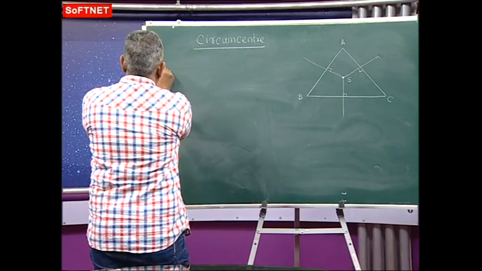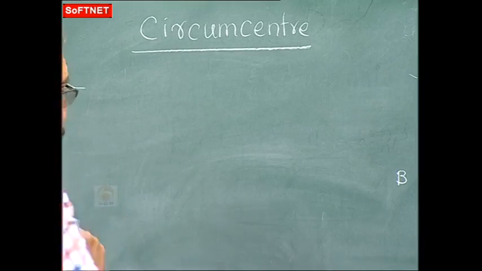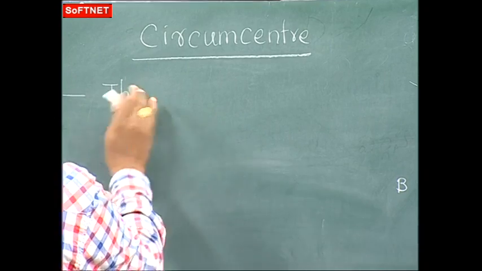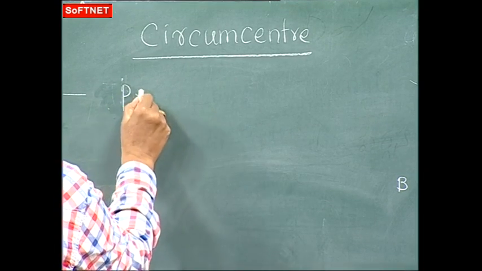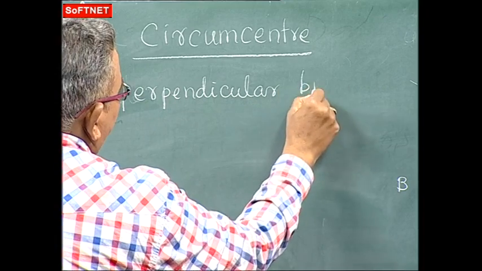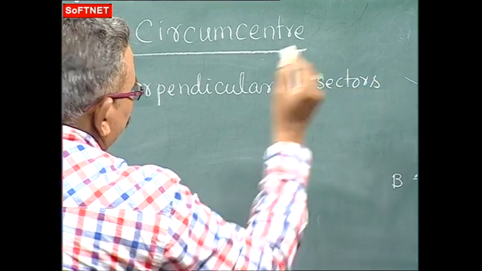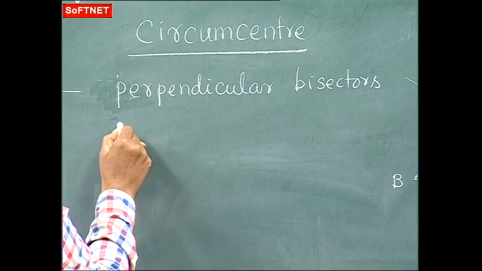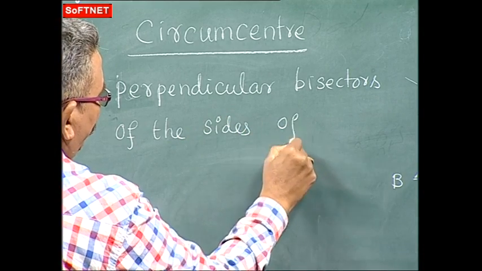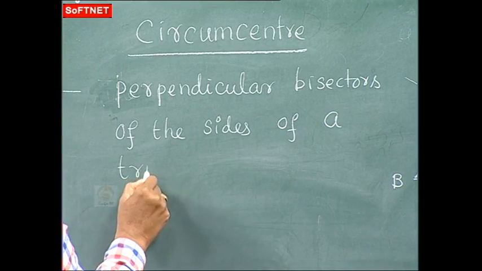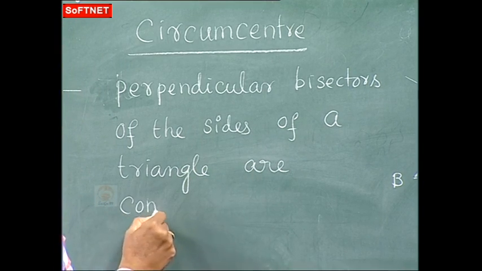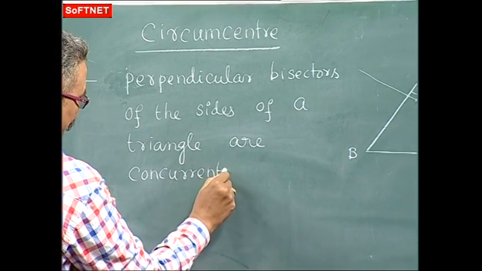Now, the perpendicular bisectors of the sides of a triangle are concurrent.